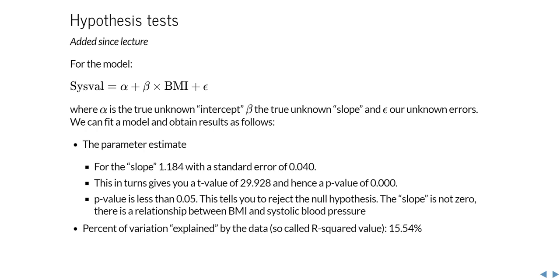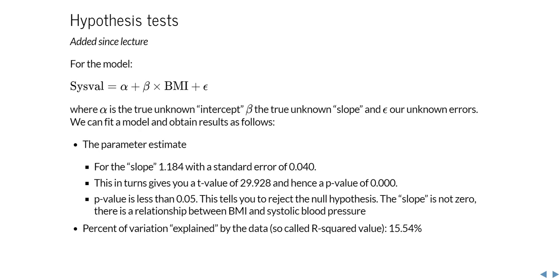So I don't know what that is exactly, but it's definitely much less than 0.05, so I can reject the null hypothesis, and basically doing a formal test, I'm saying that slope is not zero. Might not know exactly what it is, but it's not zero. There is a relationship between BMI and systolic blood pressure.